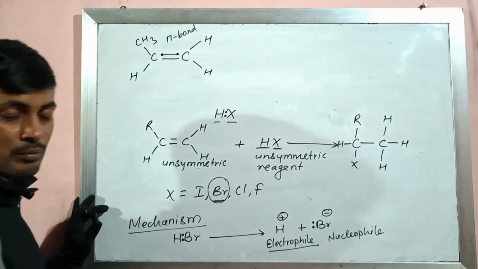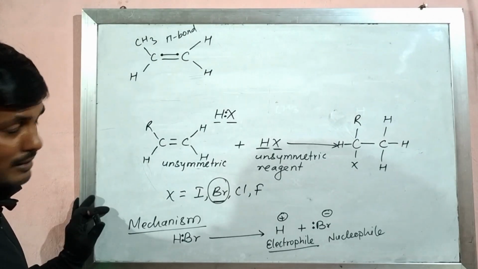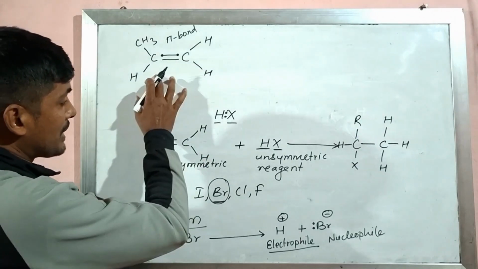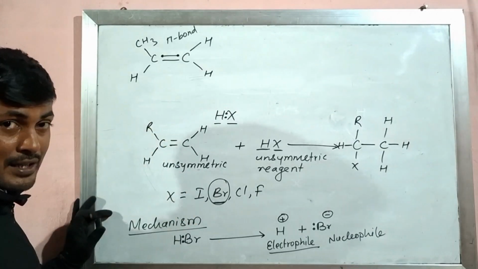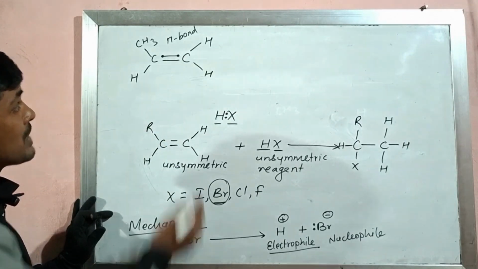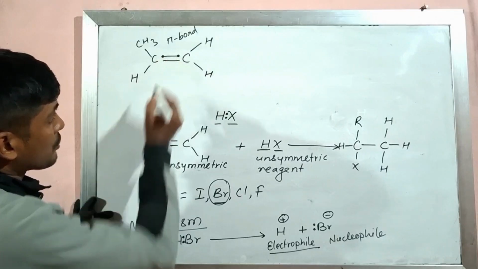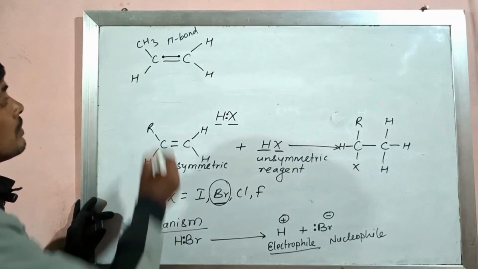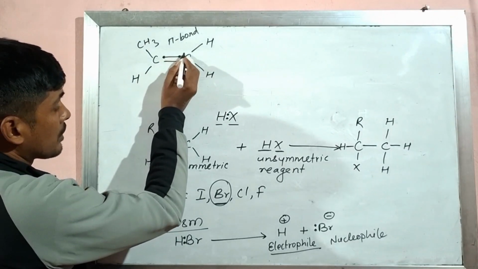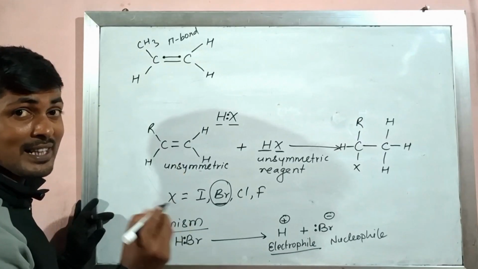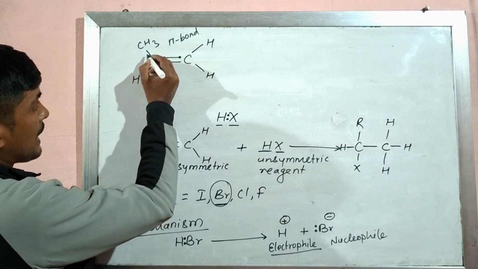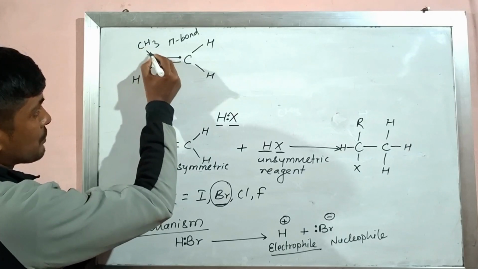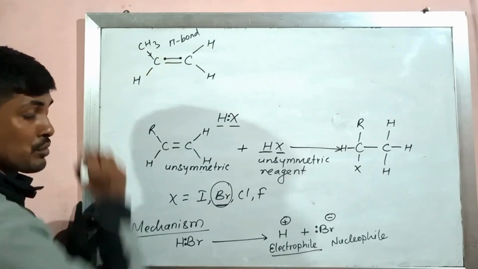As we know from the electromeric effect, whenever a reagent is exposed to an unsaturated hydrocarbon, what happens? The pi electrons shift towards the carbon atom which is less substituted, since we know that this methyl has the capacity to give electrons.